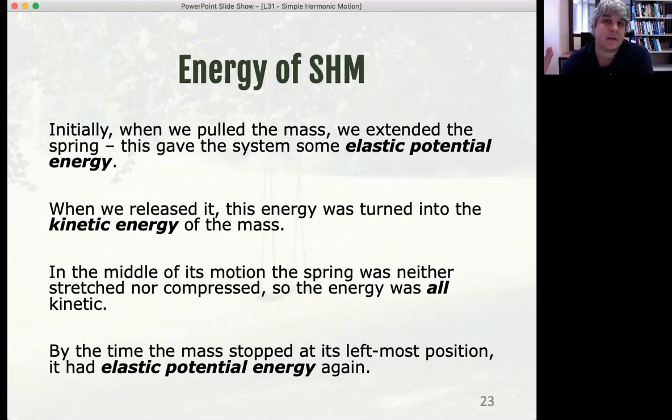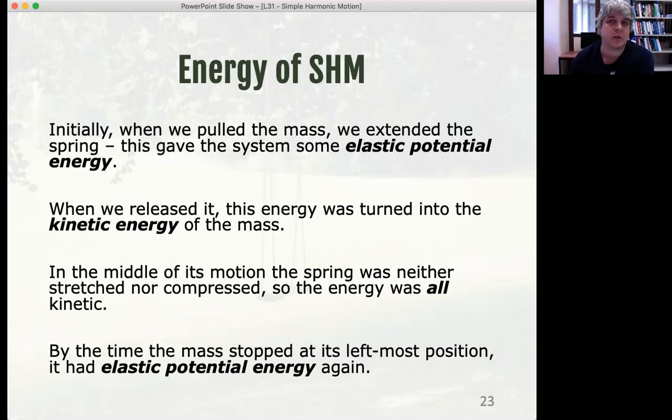When we release it, that elastic potential energy turns into kinetic energy. The spring pulls the mass, accelerates it towards the equilibrium position, and turns it into kinetic energy. By the time that mass reaches its equilibrium position, the spring is now neither stretched nor compressed, which means we've got no elastic potential energy. All that energy is now kinetic energy.